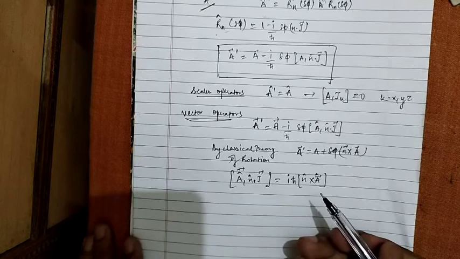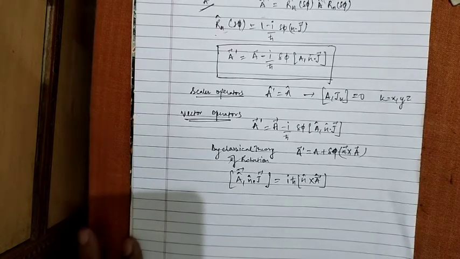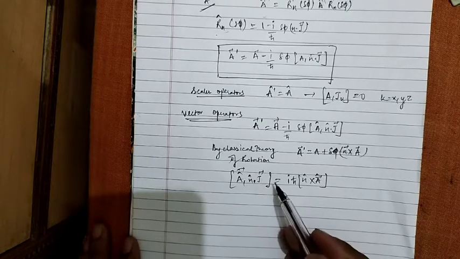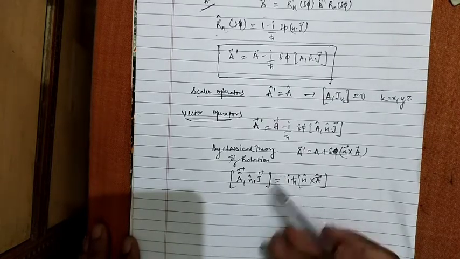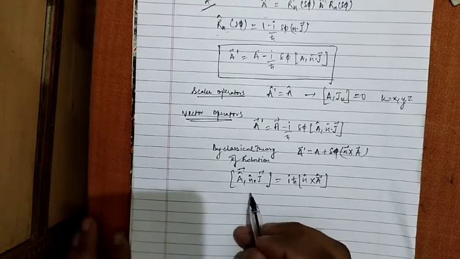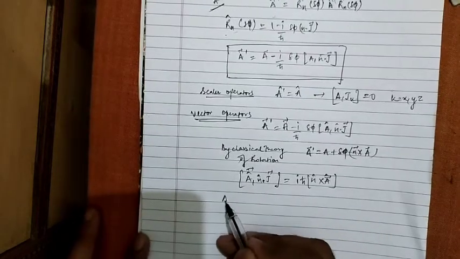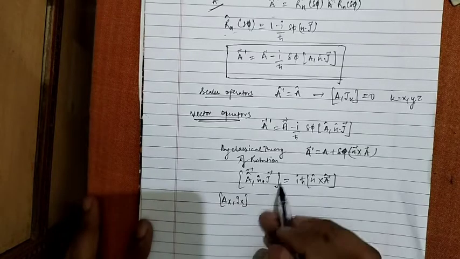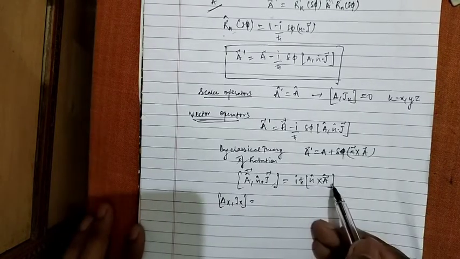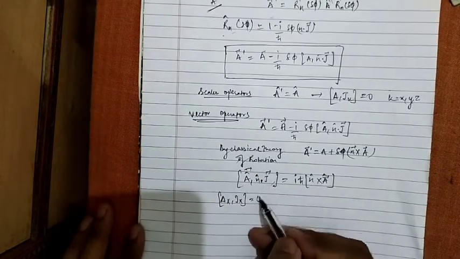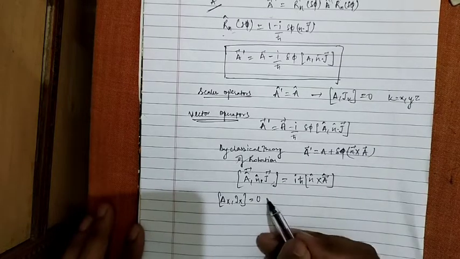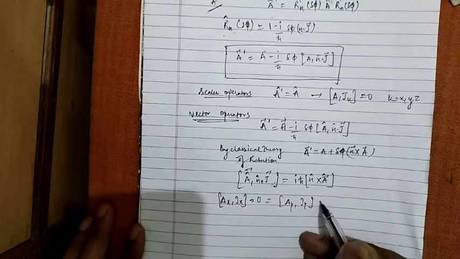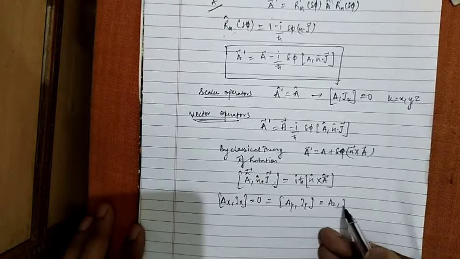Now from this equation you can easily interpret the commutation relation of A with any component of J. Let's say the commutator of Ax with Jx is x cross Ax, and they commute with each other, so their commutation relation is 0. The same holds for Ay Jy and Az Jz.